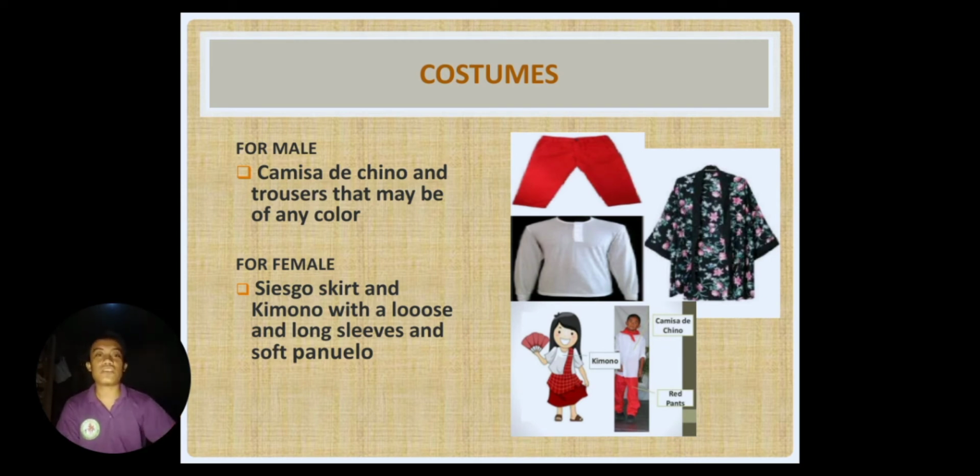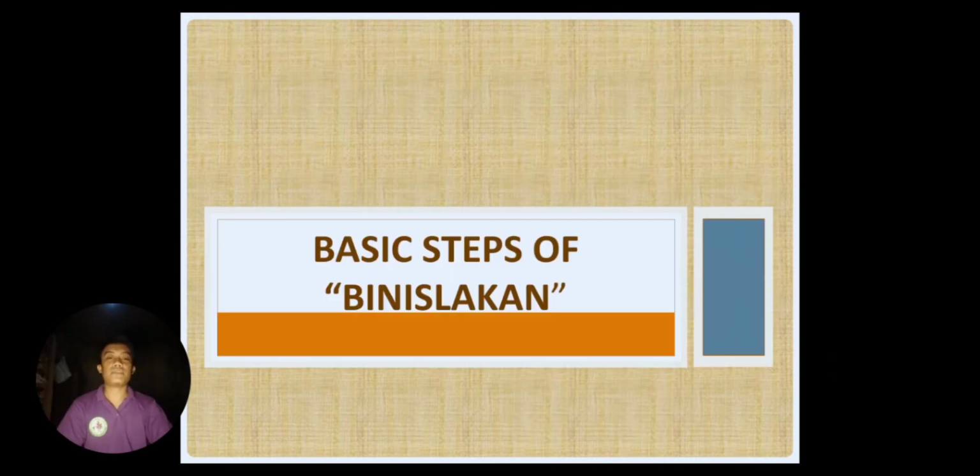These costumes are used by females and males in the Binislakan dance. Now we have finished discussing the nature and background of the Binislakan and the costumes both males and females use.